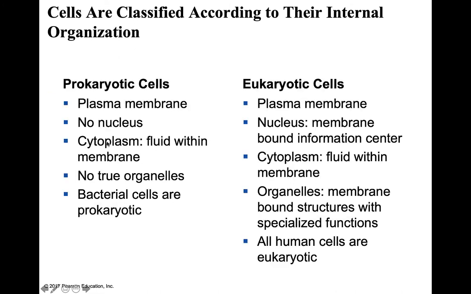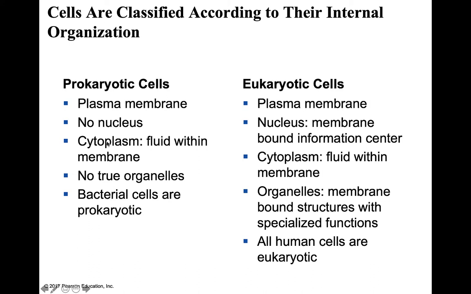Now, there are 2 general types of cells, prokaryotic cells versus eukaryotic cells, and the classification is based on their internal organization. You'll notice that there are some similarities, but probably a future question would be to compare and contrast the difference between these 2 types of cells. So let's first start off with prokaryotic cells.